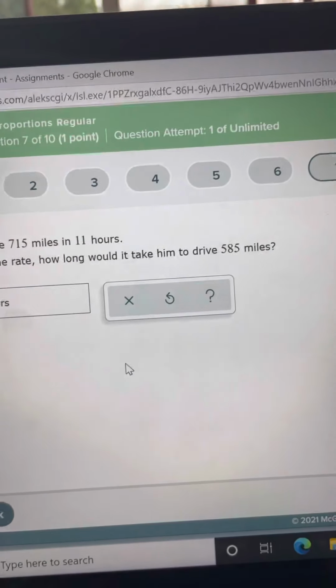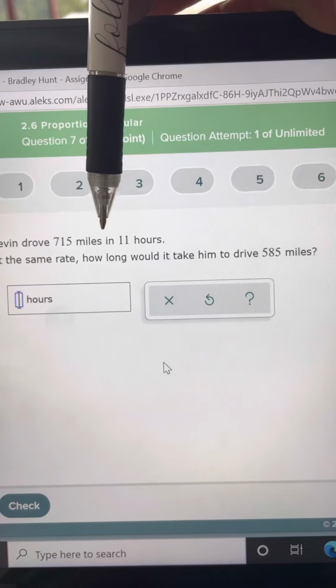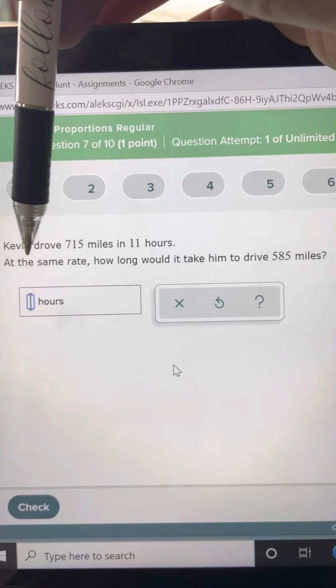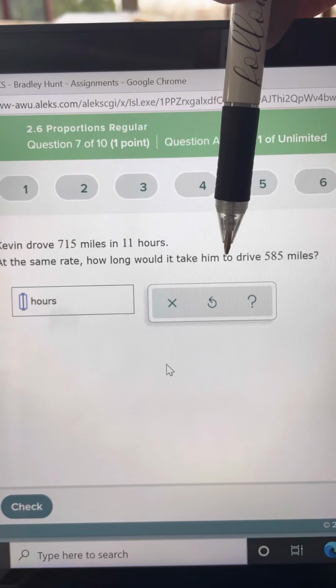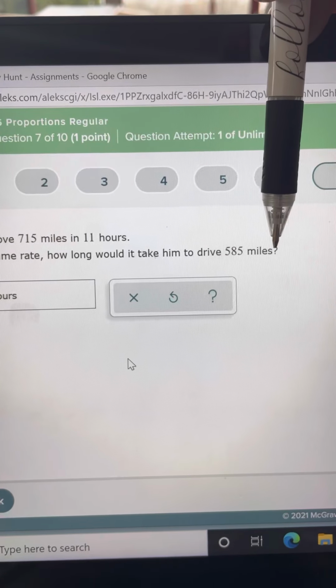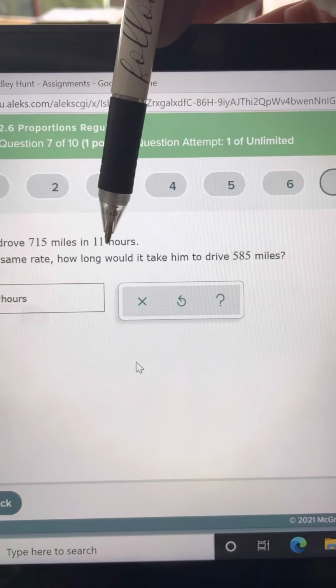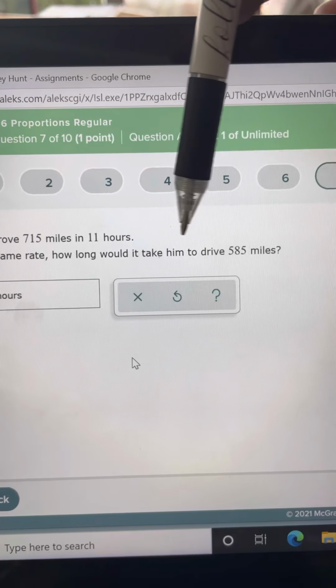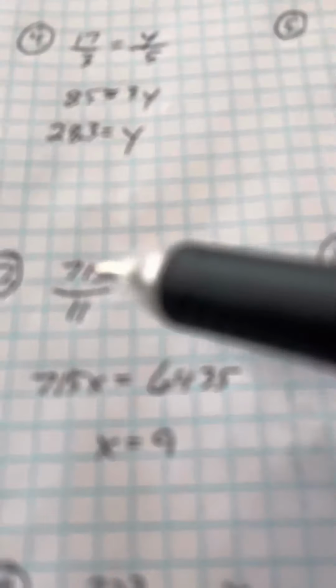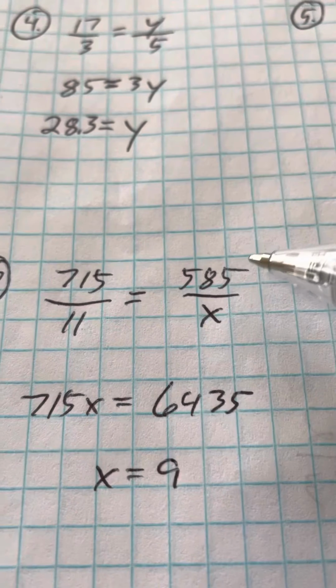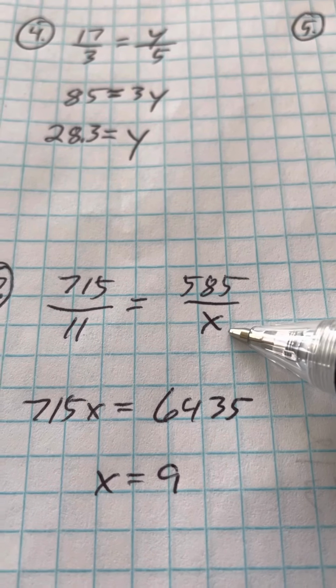Here I have Kevin drove 715 miles in 11 hours. At the same rate, how long would it take him to drive 585 miles? So we're going to go miles to hours, miles to hours we don't know.